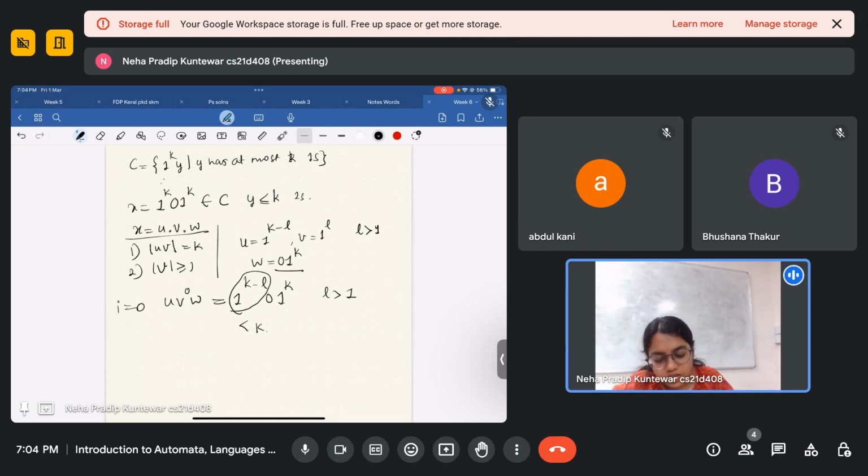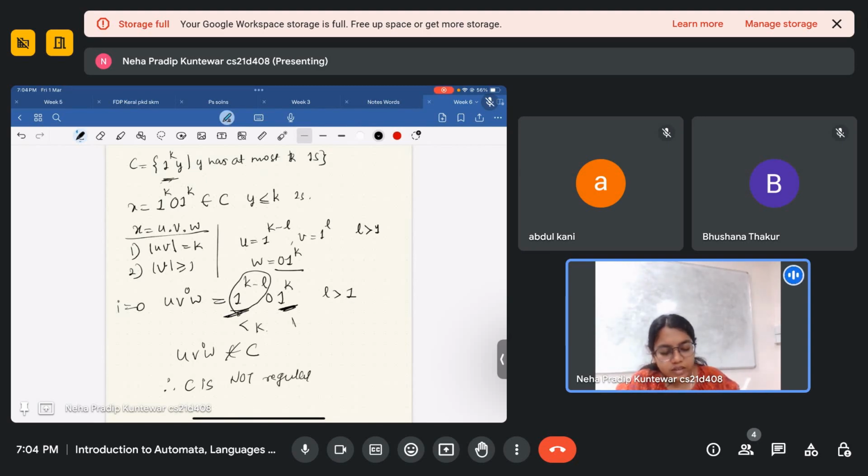The language here is that you have a bunch of ones, and the following y has at most that many ones. But here the following y has more ones than what you had previously in the block of ones. So this string is not in the language. Therefore, by the pumping lemma, C is not regular.